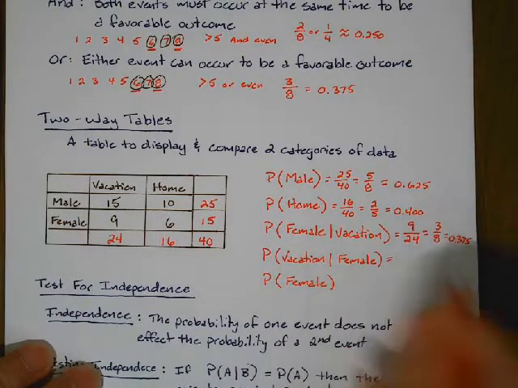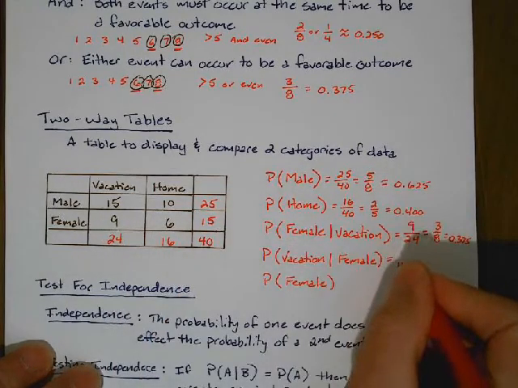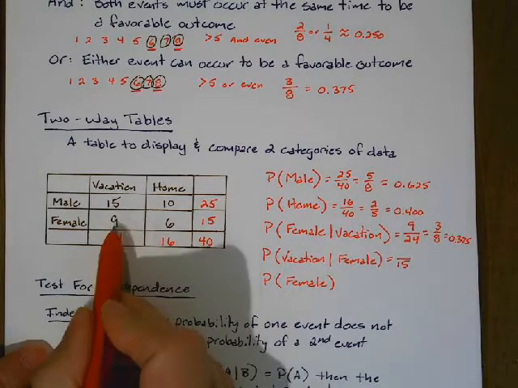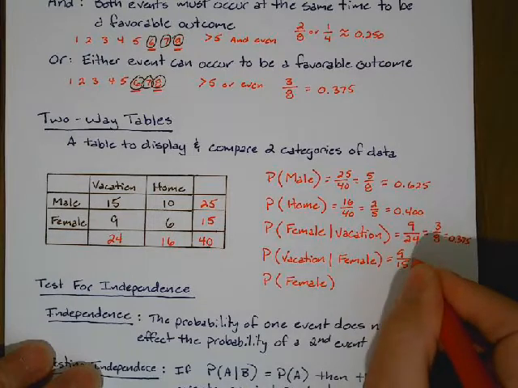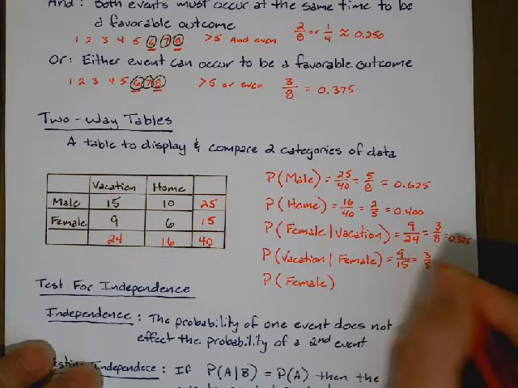So that means my denominator now is the total females, 15. Of those 15 females, how many went on vacation? 9 of them did. So I'm going to say 9 out of 15. And that reduces to 3 out of 5, which is 0.6.